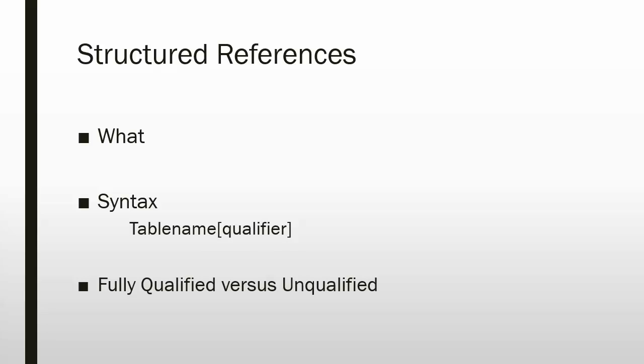If you are working in an Excel table and putting a formula inside the table because you're creating some type of calculated column, you would then not need to use the fully qualified structured reference. You can use the unqualified with just the column header inside of square brackets.